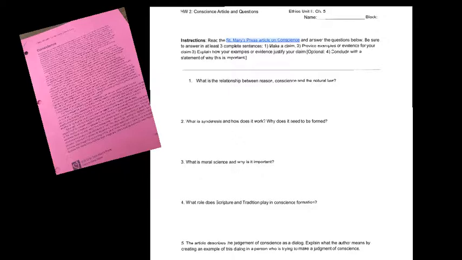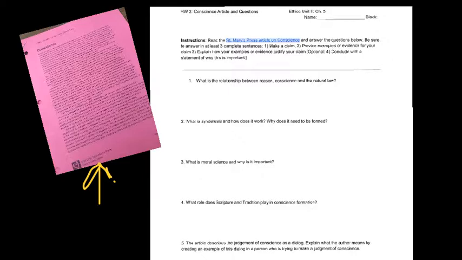The article we read was from St. Mary's Press. There's a link on PowerSchool. I'm going to go through this quickly because I'm running out of battery, but it was a really good, short reading that had these questions with it. If you're absent, you need to make this up, but it was a good analysis of conscience.